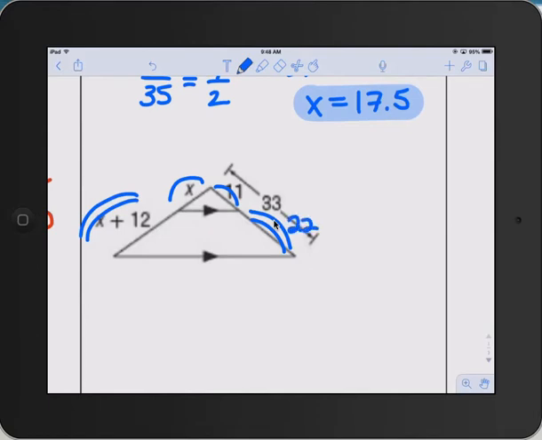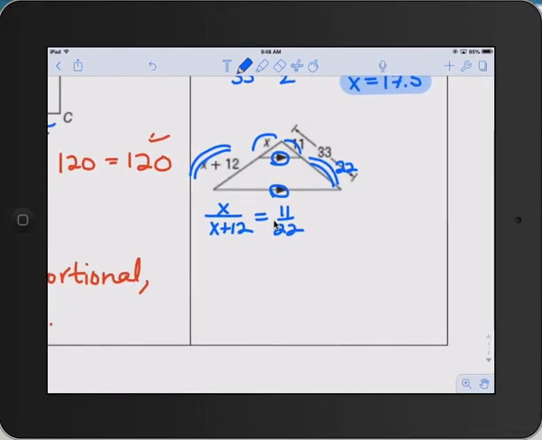So this way would be saying x is to x plus 12, again, because the segments are parallel, that makes the other sides of the big triangle cut proportionally. X is to x plus 12, as 11 is to 22. Obviously, that can reduce down to 1/2. And if we cross multiply that, we'll have 2x equals x plus 12, x equals 12.